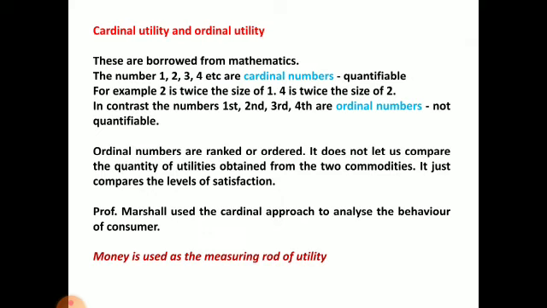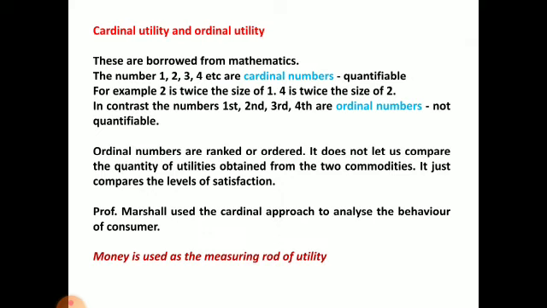Just from ranking, there is no way of knowing the size of, say, 50, 60, and 75. In other words, ordinal numbers do not reveal the actual size of the numbers. Professor Marshall used the cardinal approach to analyze the consumer behavior, and money is used as the measuring rod of utility.